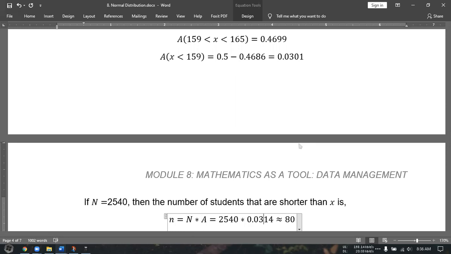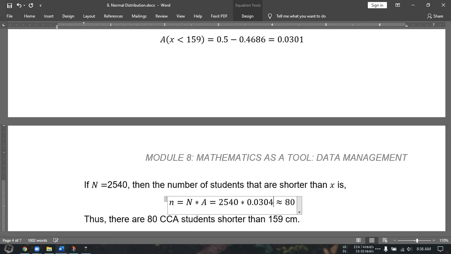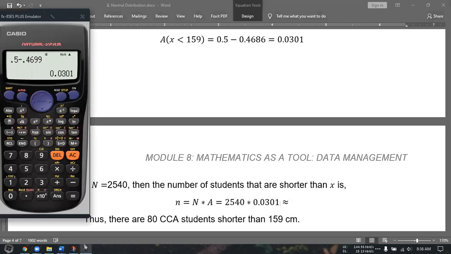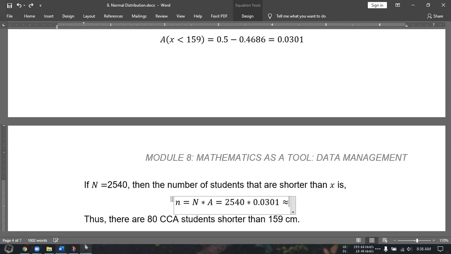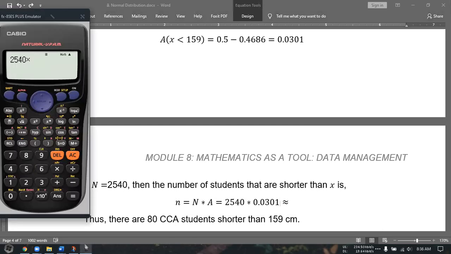You count out that is 0.0301 times 2,540, which is 76.454, times 0.03.